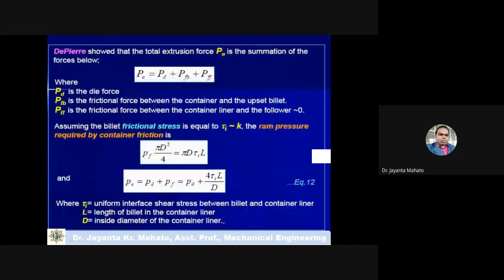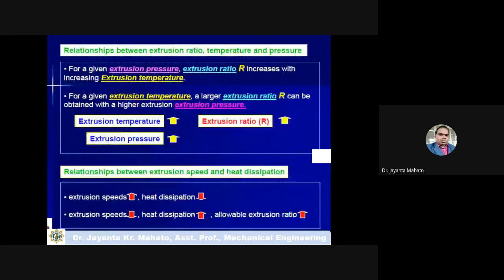Now, the relationship between extrusion ratio, temperature and pressure. What will happen when the extrusion temperature increases, or the extrusion pressure increases, or the extrusion ratio increases? For a given extrusion pressure, the extrusion ratio R increases with an increase of extrusion temperature.